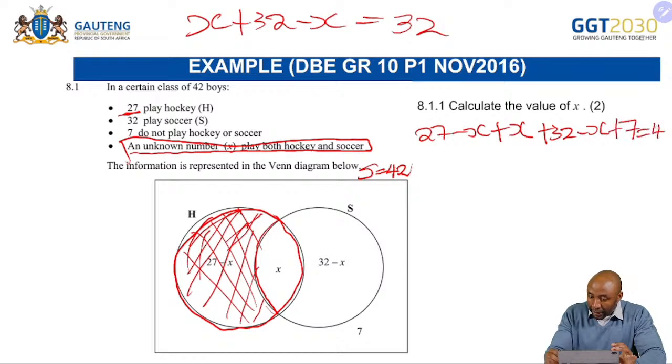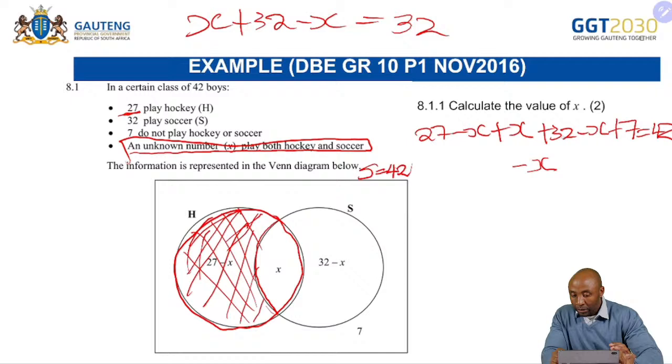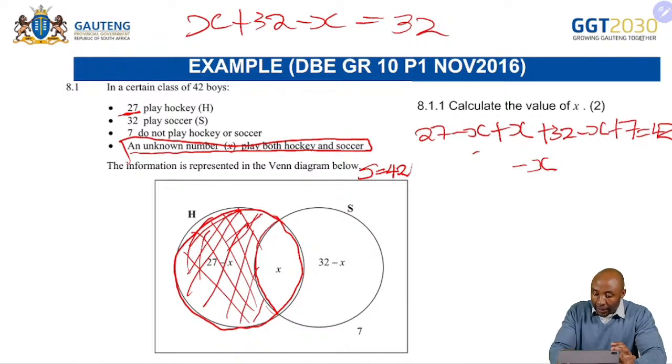This should give us our sample space, which is 42. Negative x plus x, this means here we'll get 0, and then we will only have negative x there. 27 plus 32 should give us 59. 59 plus 7, this should give us 66 minus x is equal to 42.